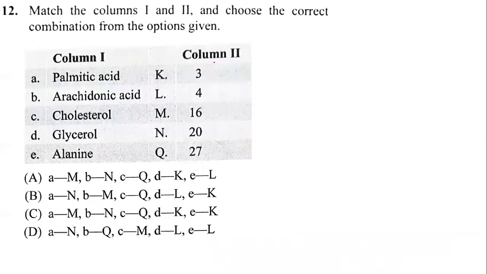Next question. How many carbon atoms are present in palmitic acid? In palmitic acid, you will find 16 carbon atoms, so A. Arachidonic acid, 20 carbon atoms. Cholesterol, how many carbon atoms will you find in a cholesterol molecule? Yes, 27.